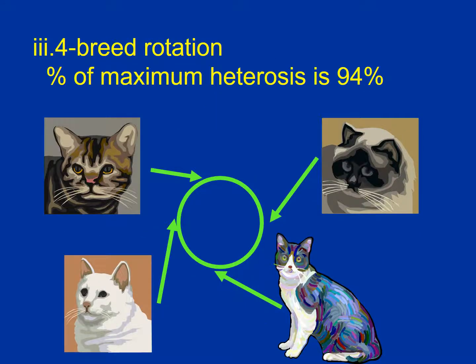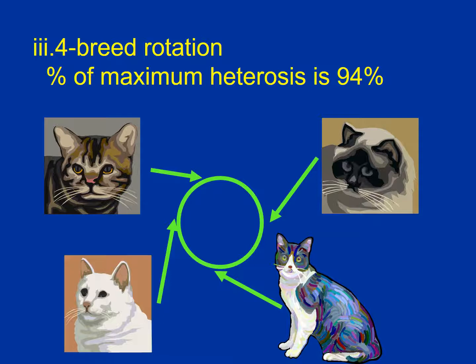Now, a 4-breed rotation is going to look like this. Because you're coming back to that same breed only every 4th generation, you really have almost 100% heterosis. It's 94%, so that's the advantage of a 4-breed rotation. I'm illustrating here with cats only because I really do not know of an example where people use a 4-breed rotation.